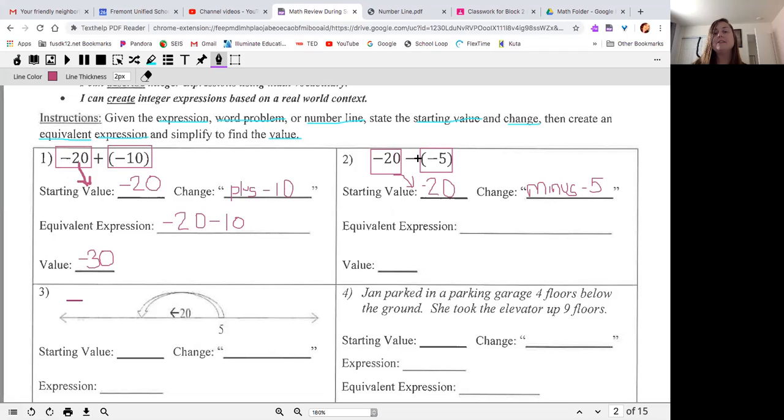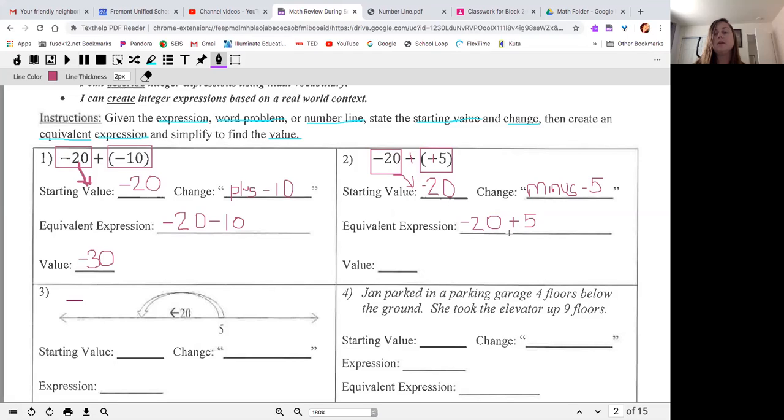When I have a double negative, a minus sign and a negative number, right next to each other with this parenthesis right here showing me, that means they cancel out, become positive. Okay. So another way to write this problem would be negative 20 plus 5. So I'm taking negative 20 plus 5, okay?